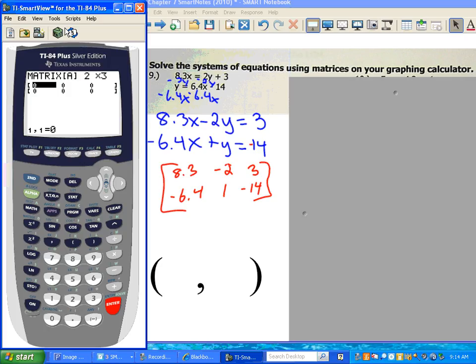Negative 2. Please use the negative at the bottom. 3, enter. Negative 6.4, enter. 1, enter. Negative 14, enter. So again, make sure you didn't make any mistakes. Make sure everything's typed in correctly.